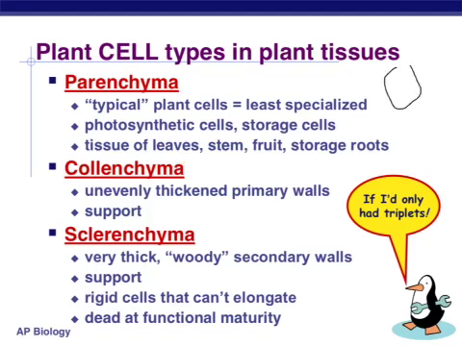It's just your typical boxy looking plant cell with your nucleus in the middle and your chloroplast and your mitochondrion, and whatever other organelles you have. Very typical looking plant cell.